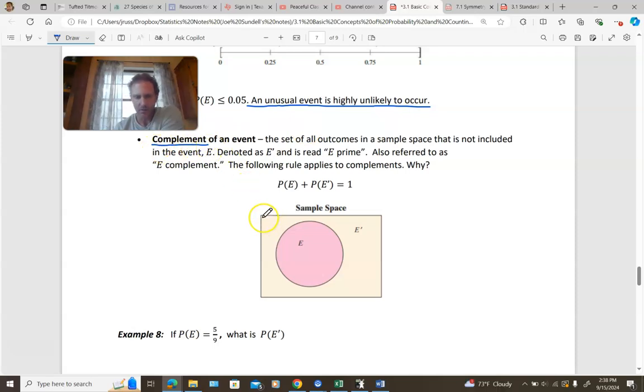Okay, so looking at this Venn diagram right here, this square, guys, represents the sample space. So all the different outcomes that could occur. If you remember, an event is a subset, so here is the event, okay? So all of the outcomes that don't comprise the event, they're on the outside, and this is what we refer to as the complement of E.